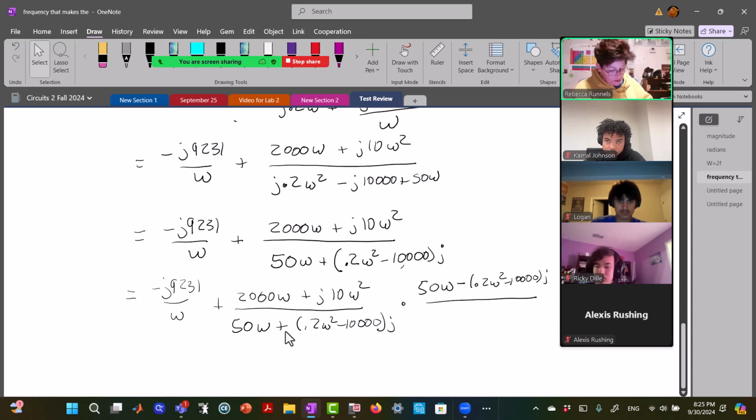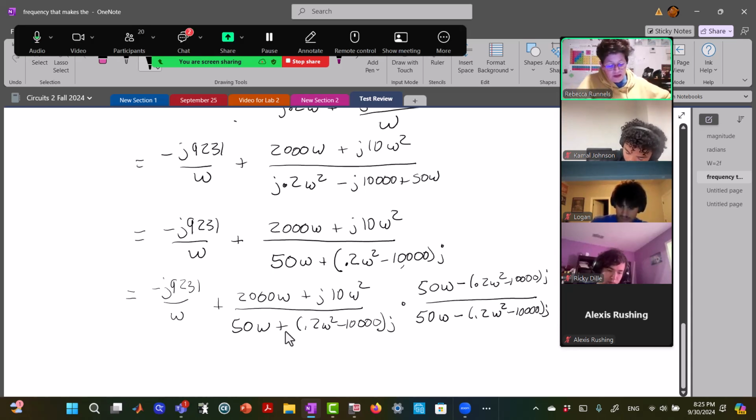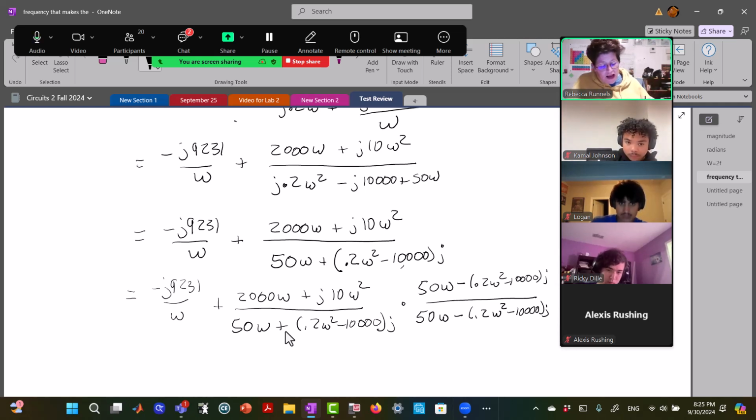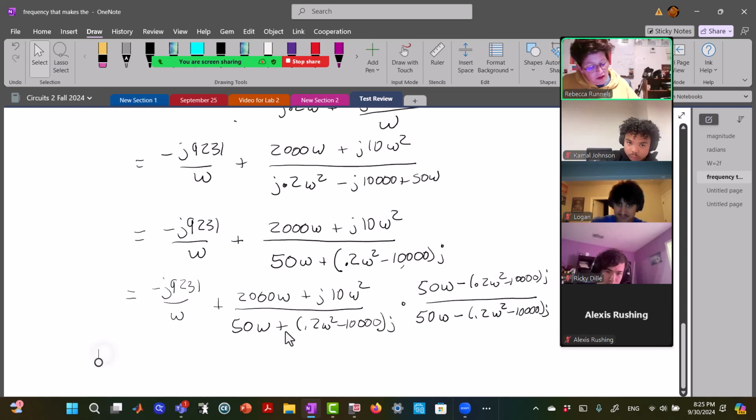Okay, so I was multiplying by the conjugate. So then this is 50 omega minus 0.2 omega squared minus 10,000 j. Now, because my problem is just asking me for the resonant frequency, I don't actually care what my number is. I'm looking for the omega that makes the imaginary part equal to 0.